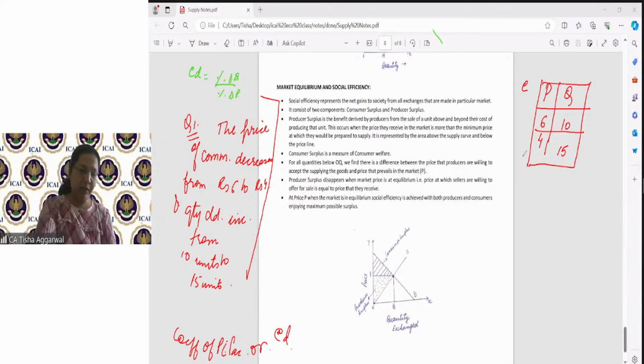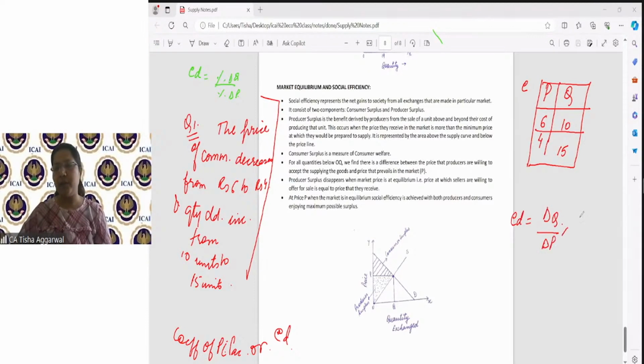Then you directly put the formula, which is delta Q upon delta P into P by Q. What is delta Q? Change in quantity is 15 minus 10, upon delta P, 4 minus 6, into original price, that is 6, and original quantity, that is 10. Correct? Come on, solve and give me the answer.